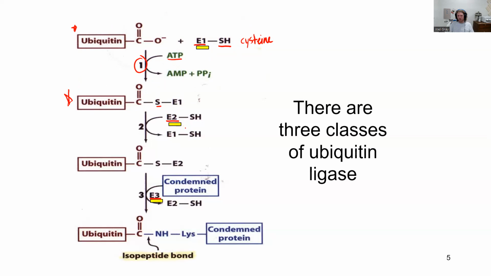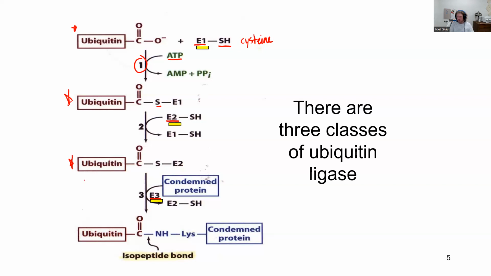The next thing that we're going to do is this E1 is going to transfer ubiquitin onto another enzyme known as E2, resulting in this molecule right here, where we have an E2 ubiquitin. So a way that you could think about this is E1 activates ubiquitin and passes it off to E2.